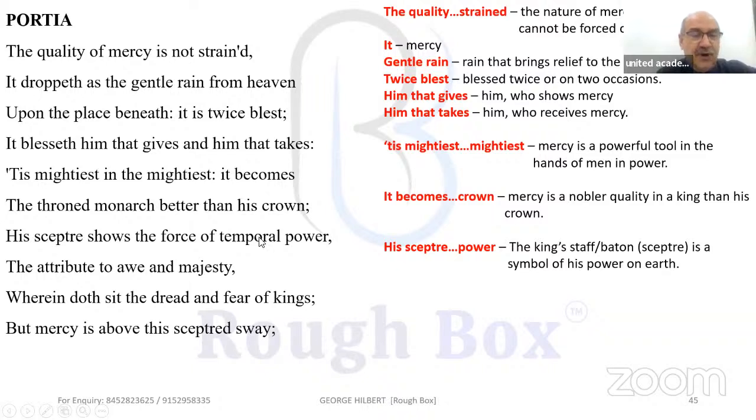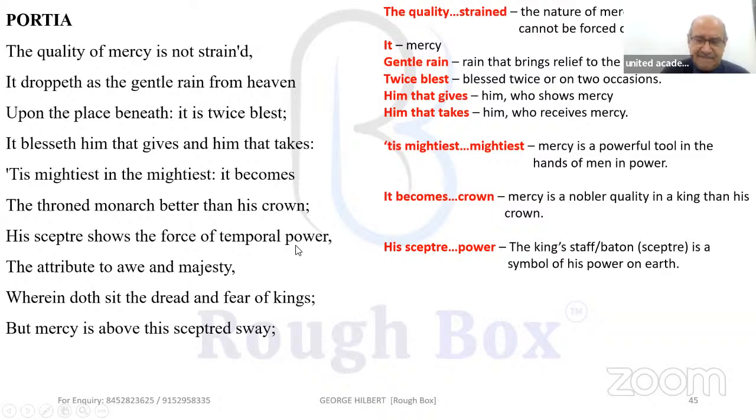His scepter shows the force of temporal power. The scepter is a little baton. That little danda, you might have seen, the king raises. Have you ever seen? It's a little baton or a little wand or a stick. That's called a scepter. So the scepter shows the force of temporal power.